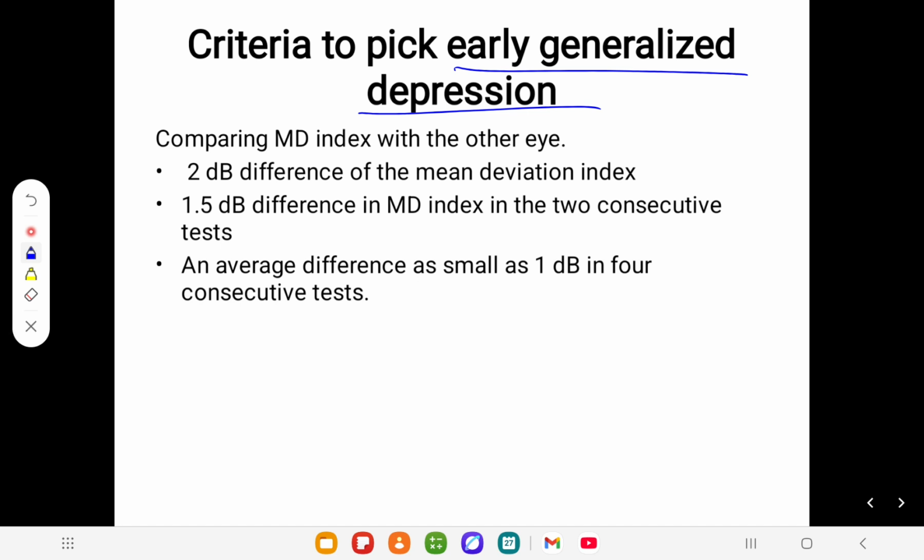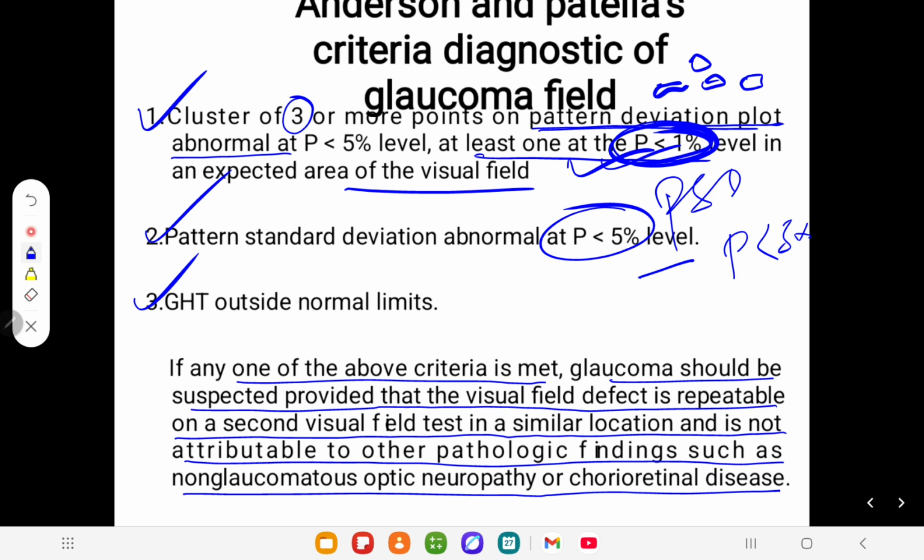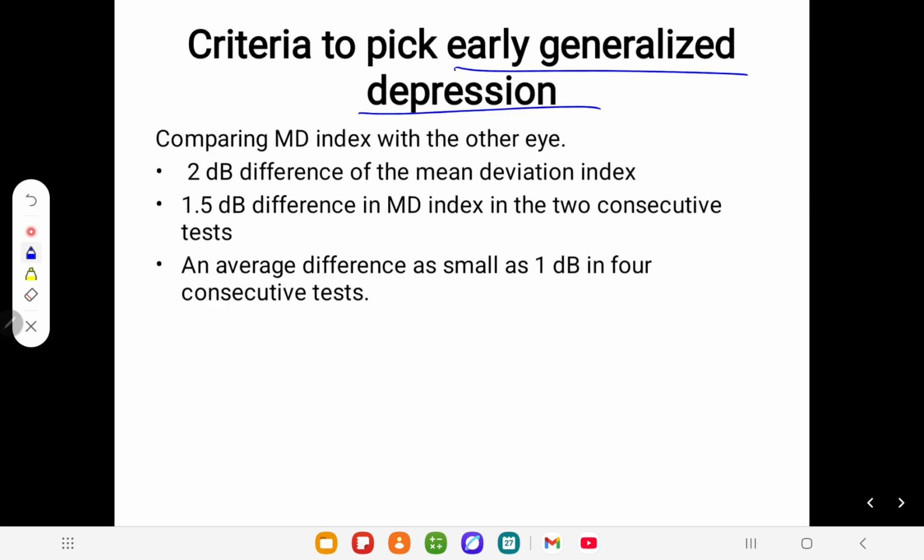See, in pattern standard deviation we generally talk about the pattern deviation plot, but obviously pattern standard deviation is not created by pattern deviation but created by the total deviation. But in this case this is also a criterion, comparing the mean deviation index in the other eye. It's very important that you see it in early diagnosis.